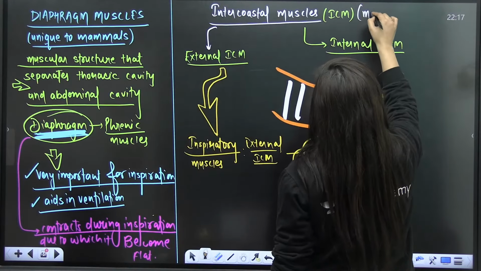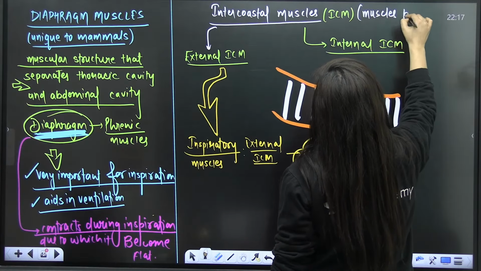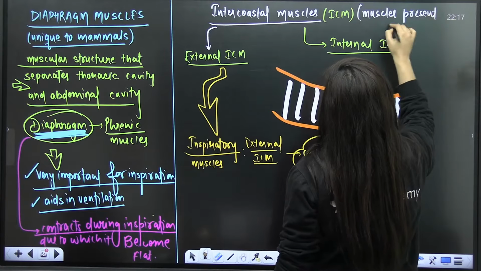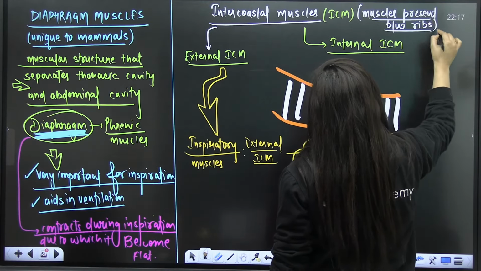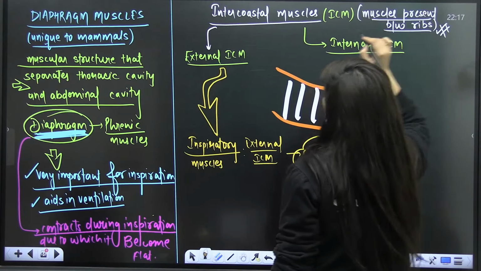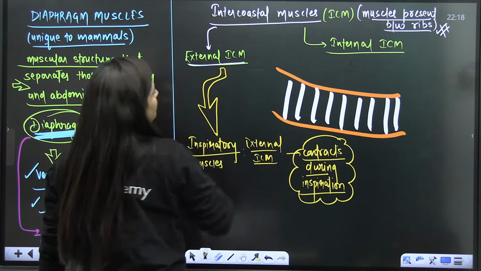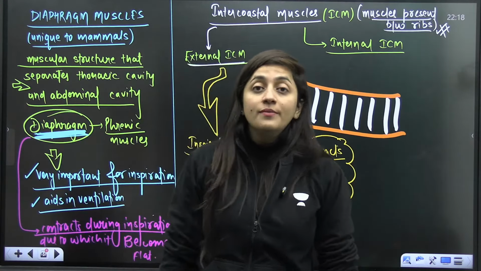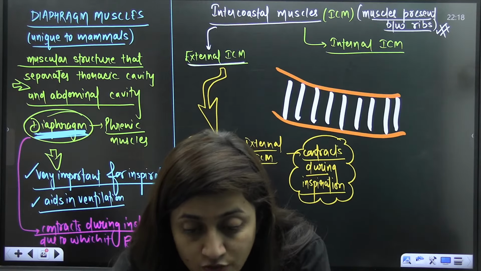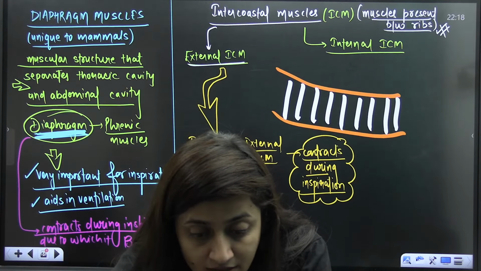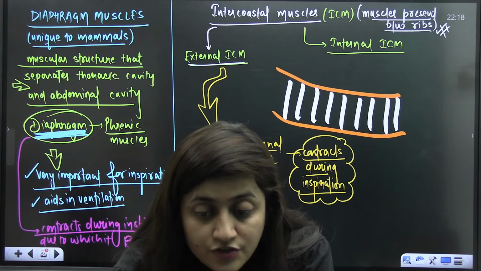So I'm writing it here. The space present between ribs is the intercostal space, so the muscles present there are known as intercostal muscles. External and internal are there. And do remember it: I have seen students making a mistake here, they just confuse it.